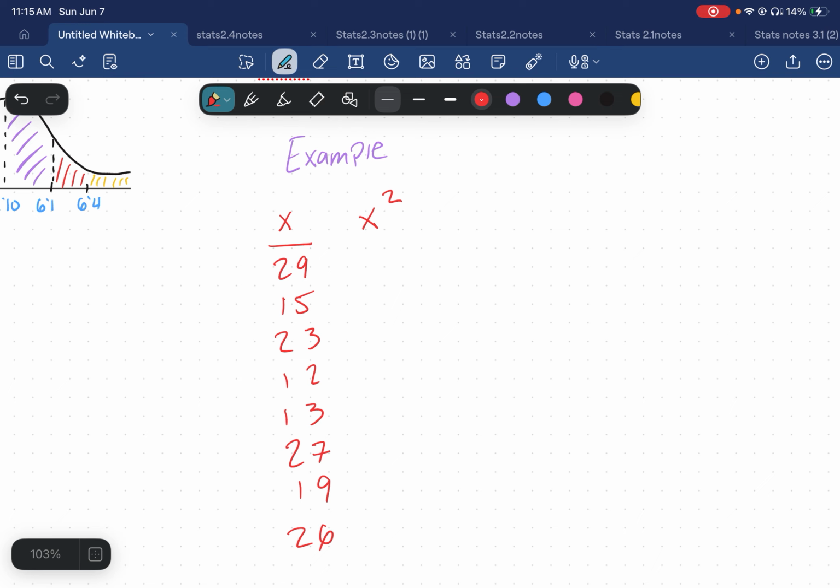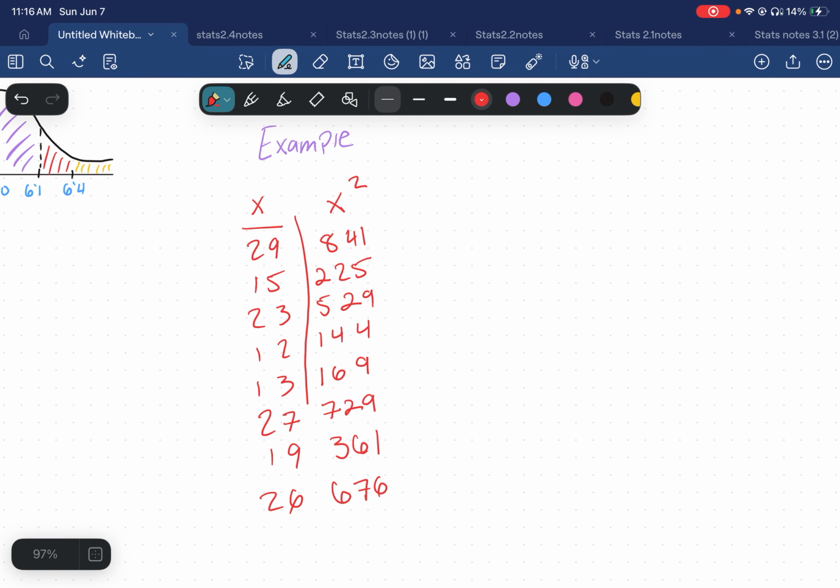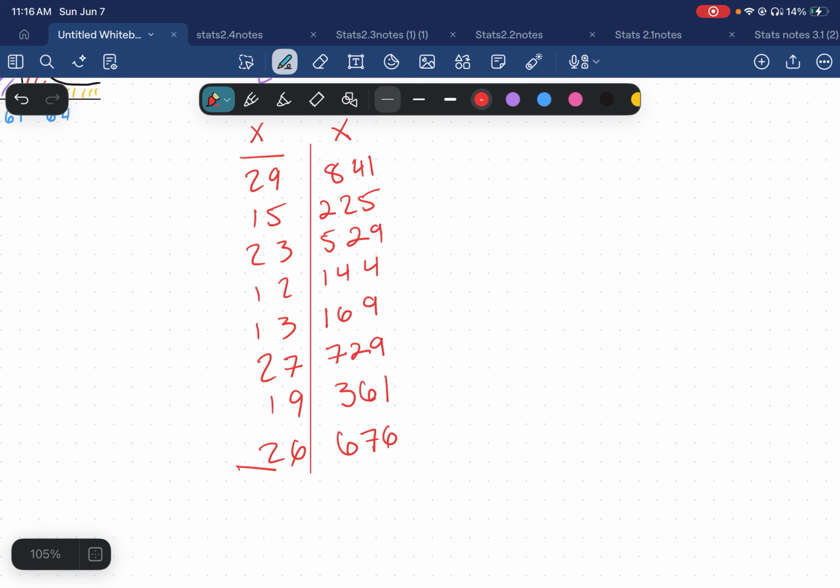All right, so 29 squared is 841. 15 squared, 225. 23 squared, 529, and this is 144, and then 169, and then 27 squared is 729, 19 squared is 361, and then 26 squared is 676.